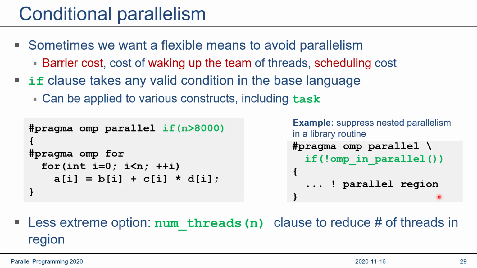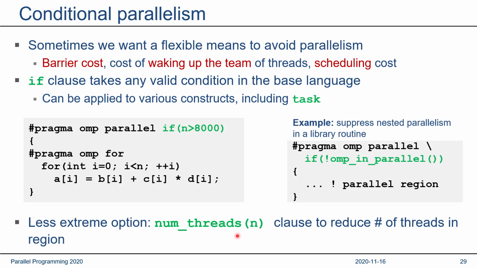Of course, it looks like black and white here. So whenever the if condition is false, then in our left example, the parallel region will be executed sequentially. But there's a whole gray area in between. If you want to run at 16 threads, the if condition means you're either running 16 or one thread. And that's a little bit harsh. So a less extreme option would be to use the num_threads clause to reduce the number of threads in a region whenever some condition is not met.